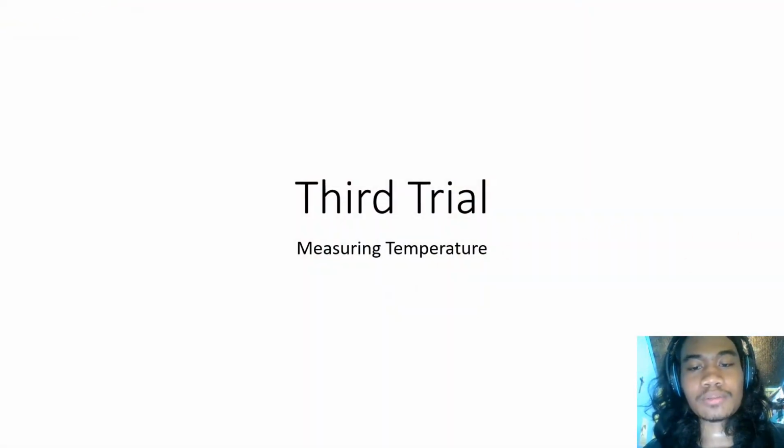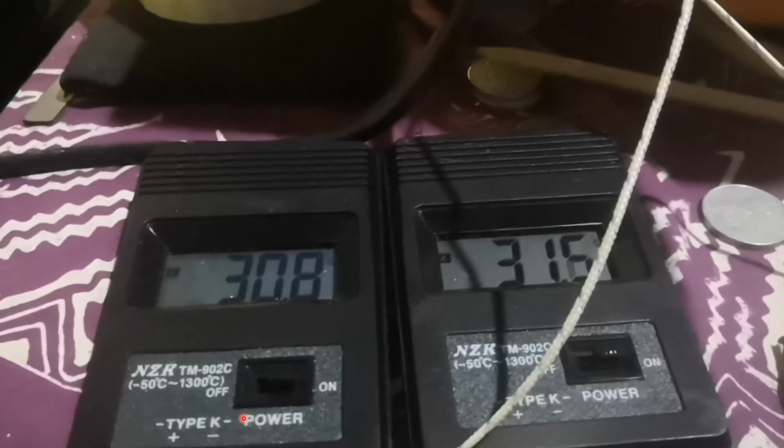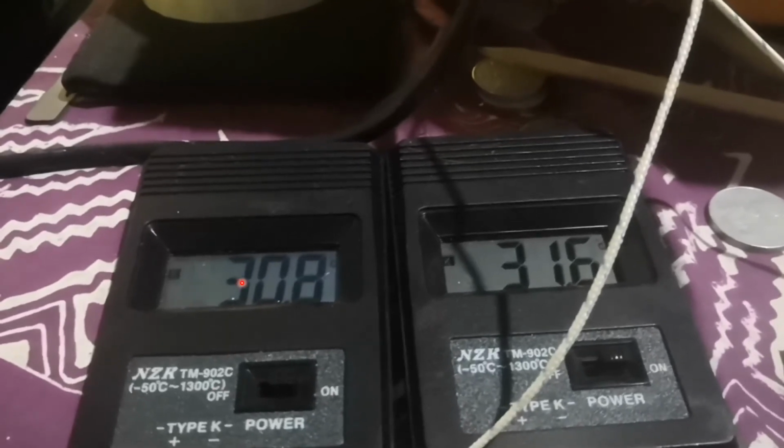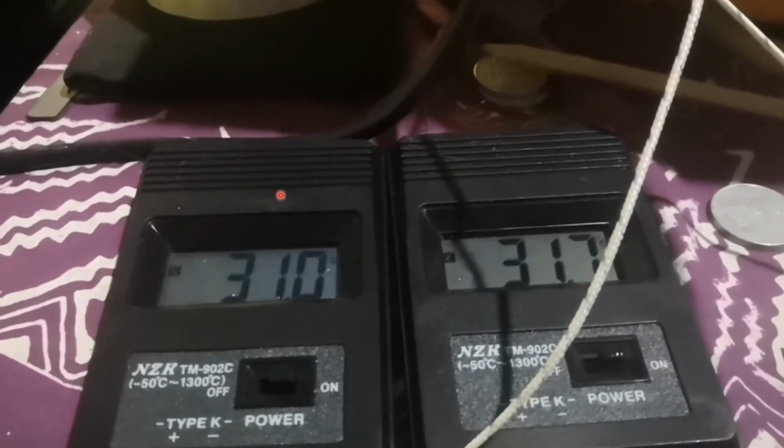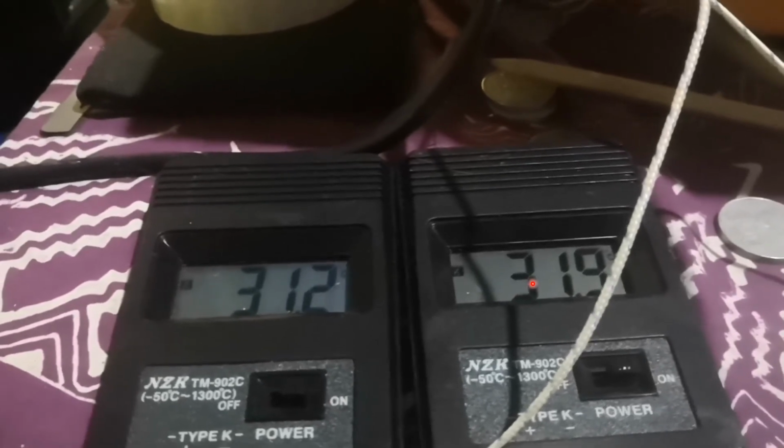Then we measure the temperature. Again, we turn on the heater and we see the temperature. This is the initial temperature. This is the temperature at the position further from the fans, and this is the position nearer to the fans.